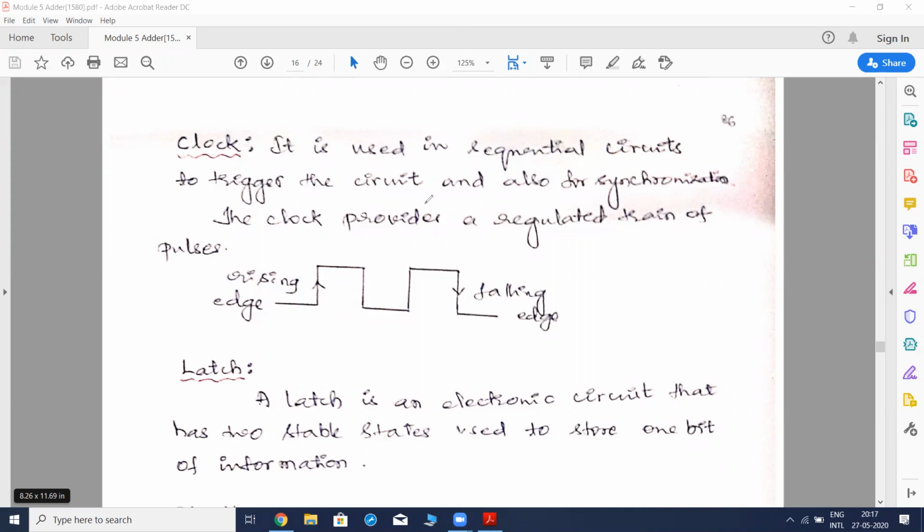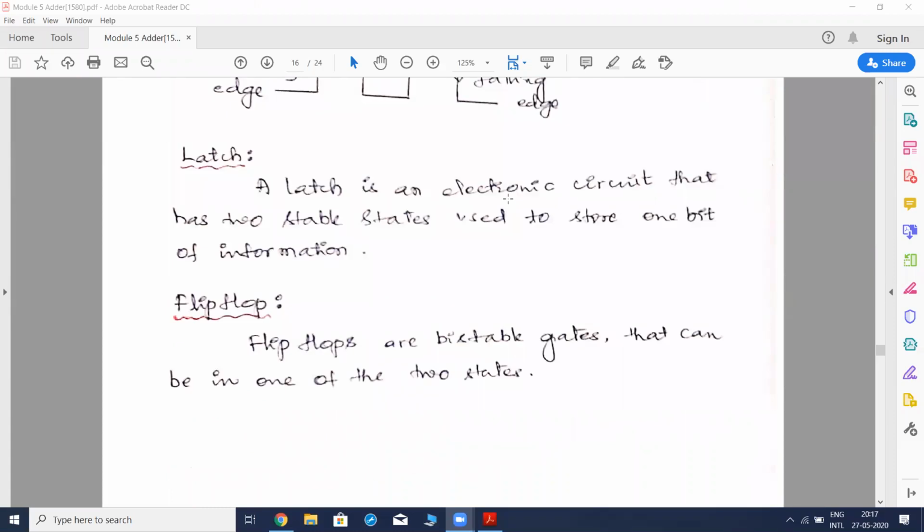Now let us see the meaning of a latch, because we need to discuss latches and flip-flops from now onwards. We are not going directly to the flip-flop because flip-flops are built on the principle of the latch. With a slight difference, we can convert a latch into a flip-flop.